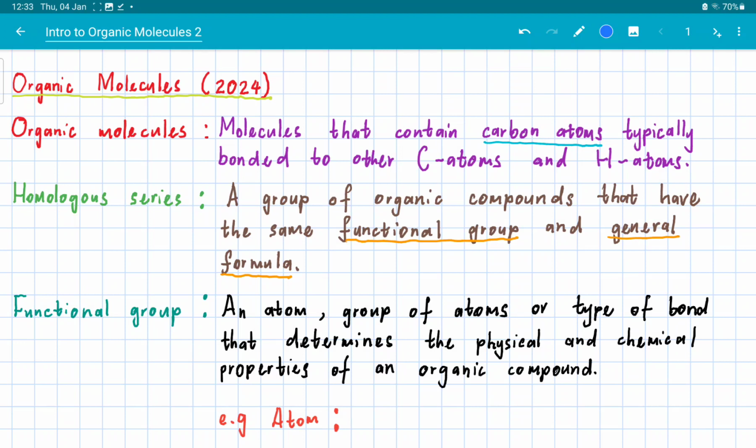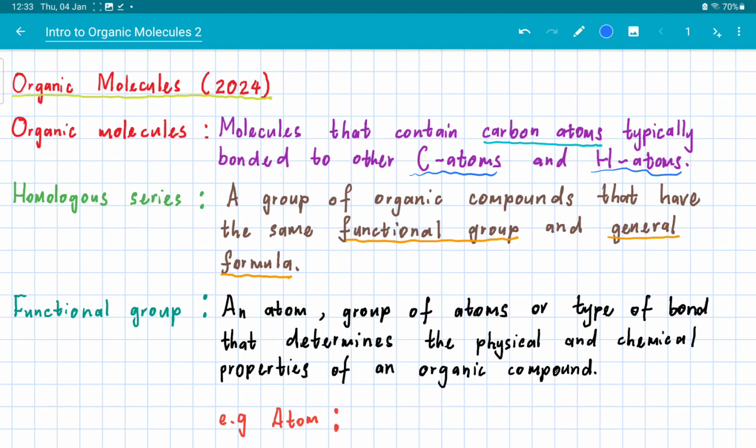They always have a carbon, and that carbon is typically bonded to other carbon atoms and hydrogen atoms. You might see, of course, oxygen or halogens there, but that's where we'll keep it for grade 12.